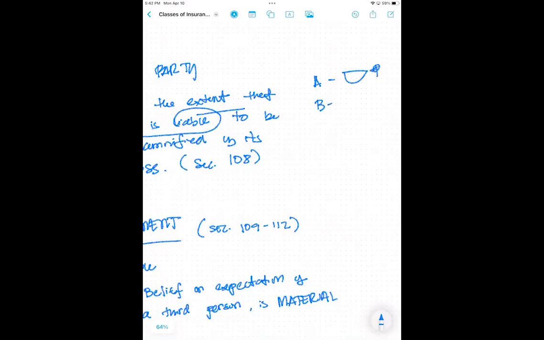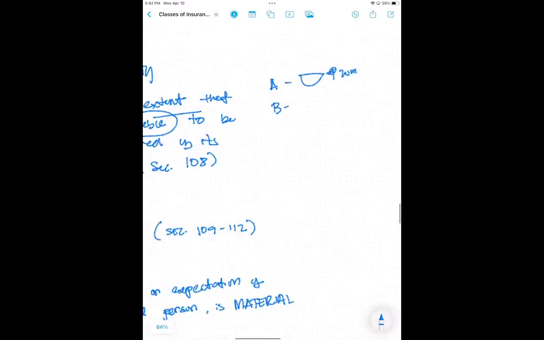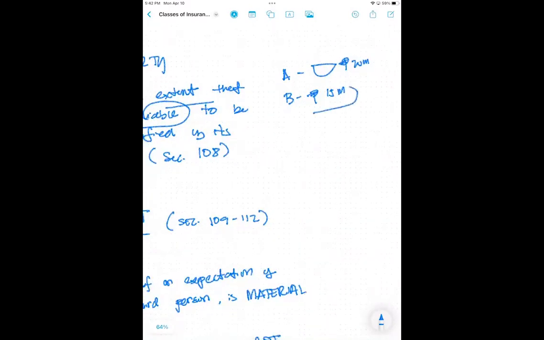The ship is worth 20 million, and that's an example based on the agreement. In case the ship is lost in the hands of B, then B will pay 15 million. So how much can B insure the ship? Not 20 million, but 15 million, because that is the extent by which B will be damnified in case of loss. Hindi niya pwede ipa-insure ng 20 million kasi kikita pa siya ng 5 million.